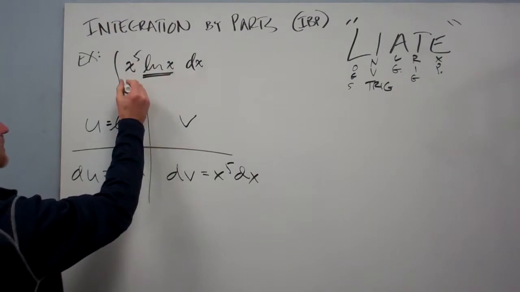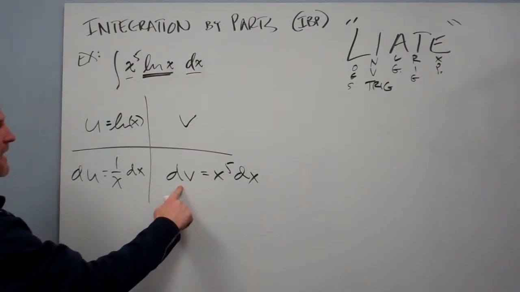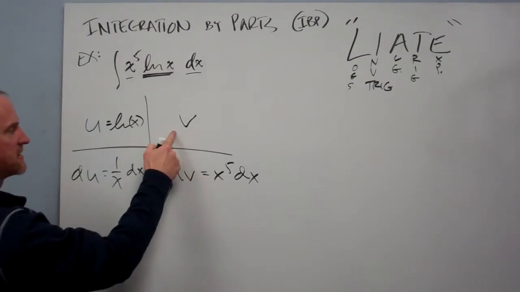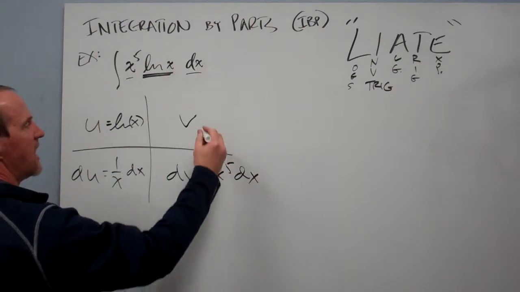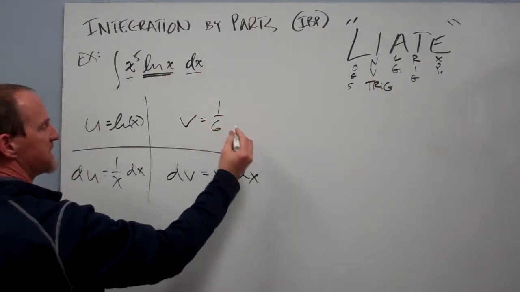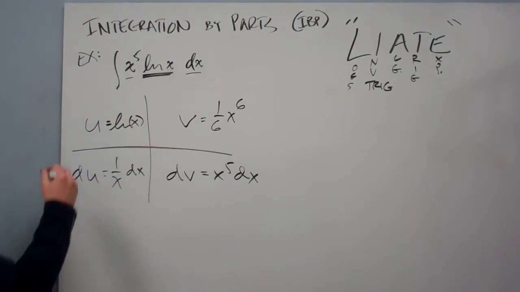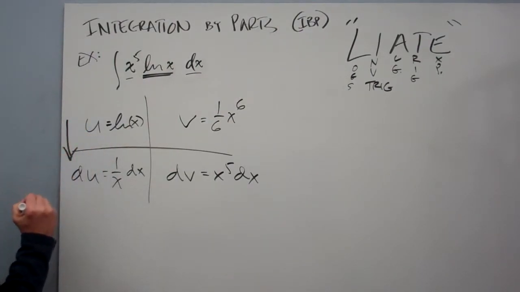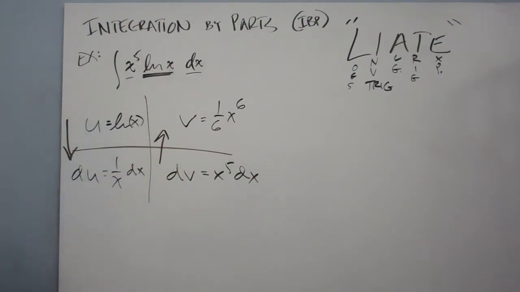These leftover bits will be my other substitution, and then I'm going to integrate on this side to get to v. Well, when I integrate this with respect to x, I'm going to have 1/6 x to the 6th. Okay? So we're always going to be going down like that to derive and up like that to integrate, and we'll fill in our two substitutions.